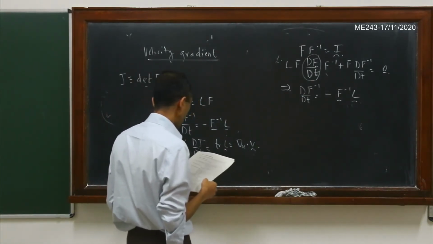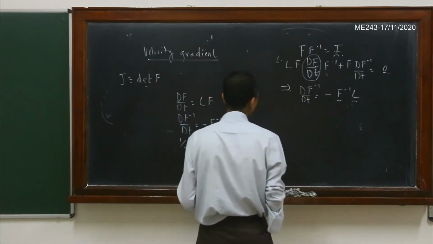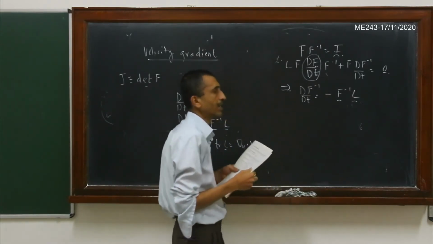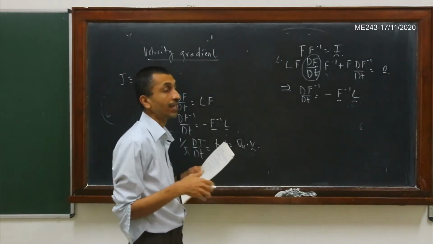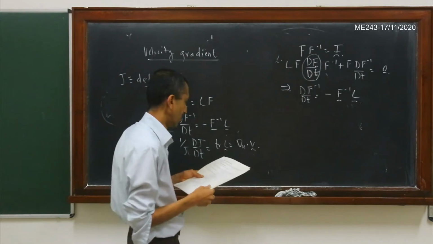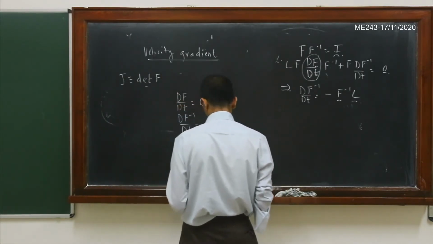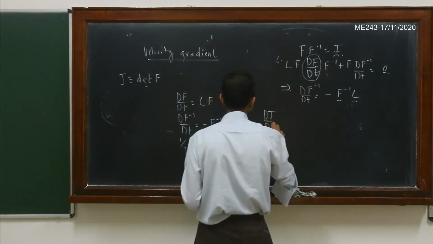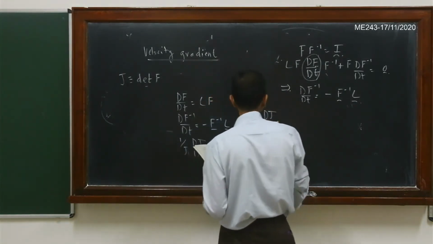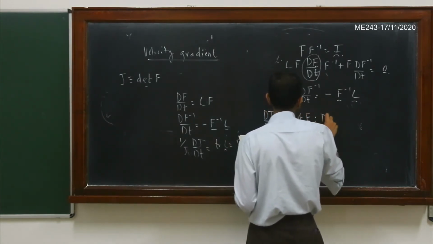So we go back now to the result which dealt with the derivative with respect to time of the determinant of a tensor valued function. There we saw that dj by dt is equal to cofactor of f multiplied by df by dt.